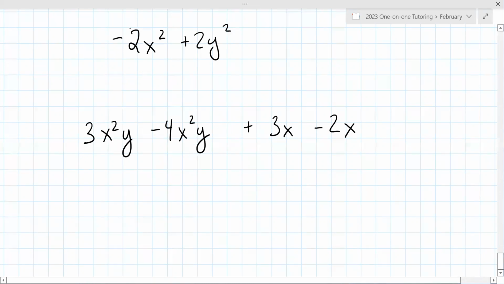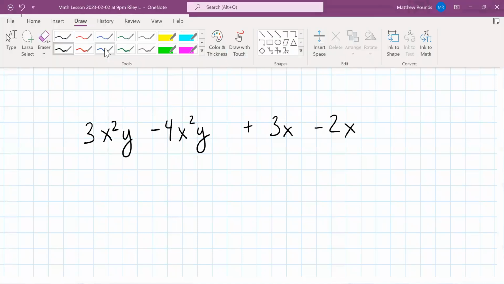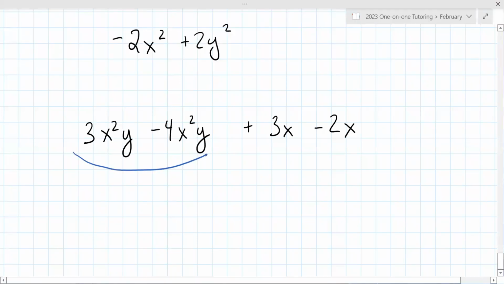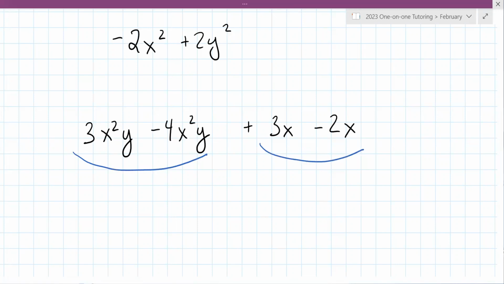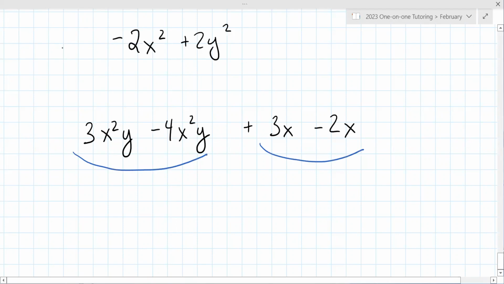So hopefully you see that the first two would be the likes, and then the second two would also be likes. Yeah, and they have to match up perfectly. It's got to be x squared and a y, and x squared and a y, an x and an x. Yes, you've got to have all the matching variables and exponents in the same place too. It wouldn't work if it was like xy squared, x squared y. That's exactly right.